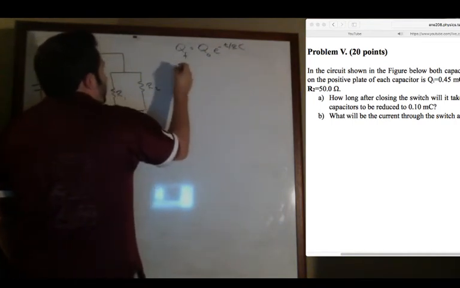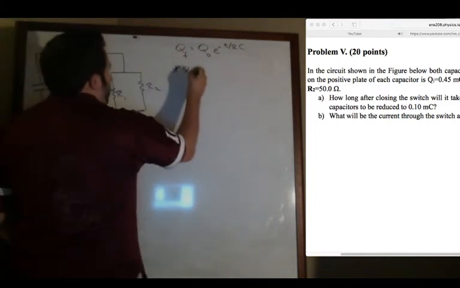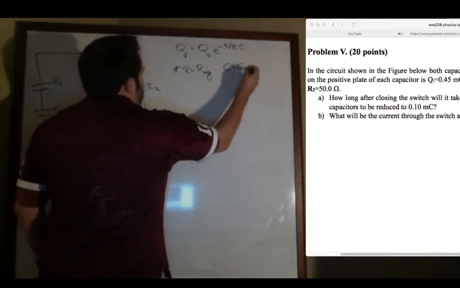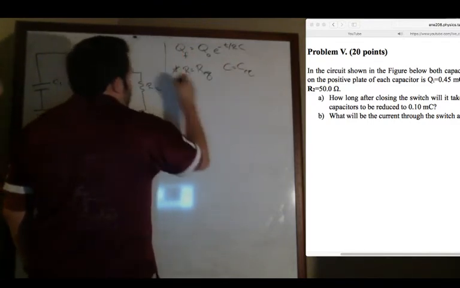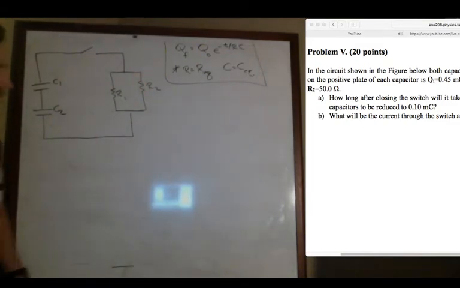And what I emphasized about that R and about that C is that your R is going to be your equivalent resistance, and your C is your equivalent capacitance. Make sure you're aware of that before you even begin to utilize this equation. If you have multiple resistors and multiple capacitors, then you've got to find the equivalent resistance and equivalent capacitance first.